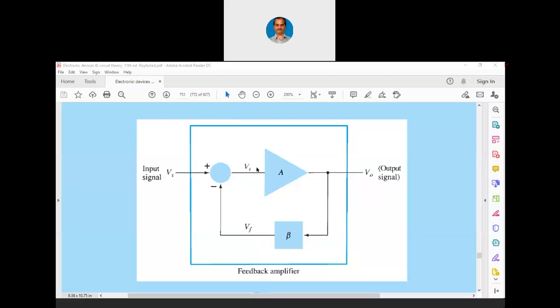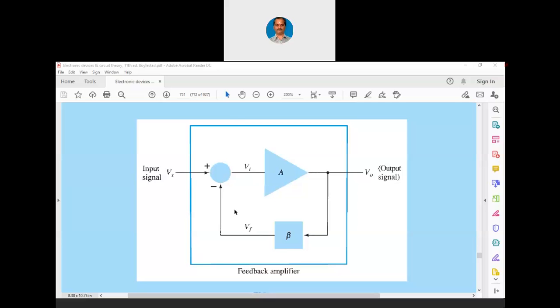That means the actual input to the amplifier is less than the input signal that is given from the signal source, because from the input signal, a small portion of the output is going to be subtracted. That Vf is subtracted from Vs. So Vi will be less than Vs. So Vi is equal to Vs minus Vf.